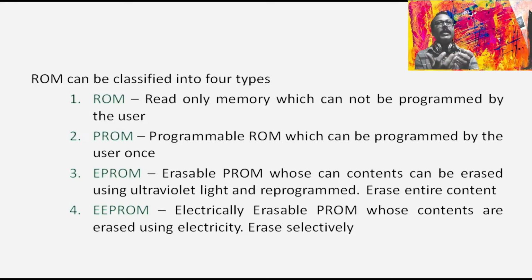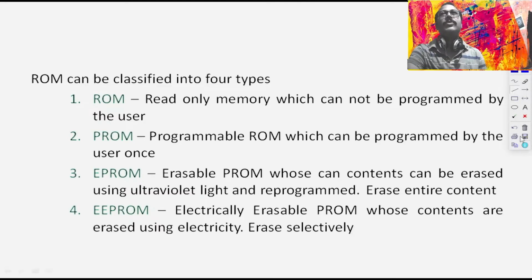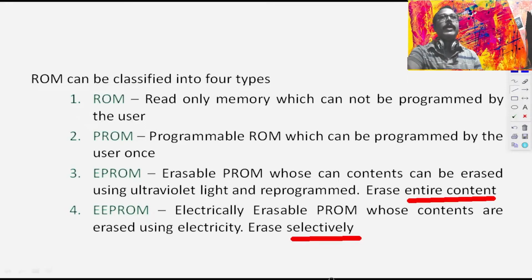Now, electrically erasable means using electricity you will be erasing, and you can erase selectively. So just know the difference. Here you erase the entire content, whereas here you erase selectively. Here you use ultraviolet light.